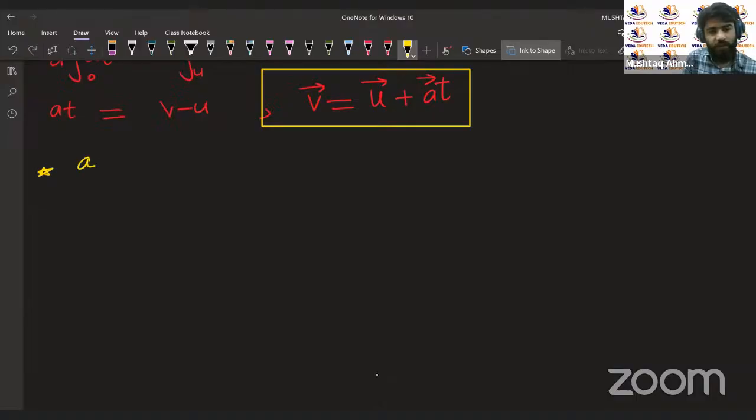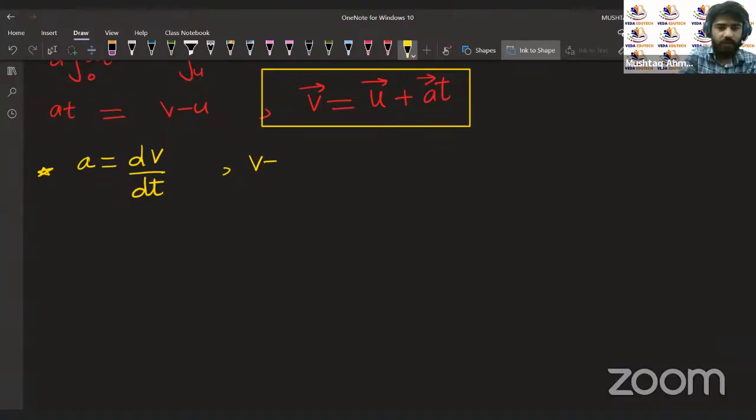We know acceleration is equal to dv over dt, right?